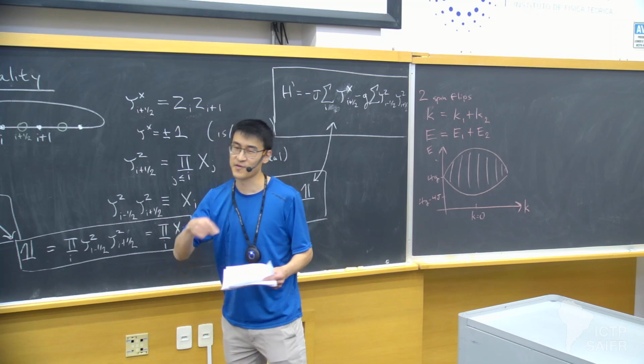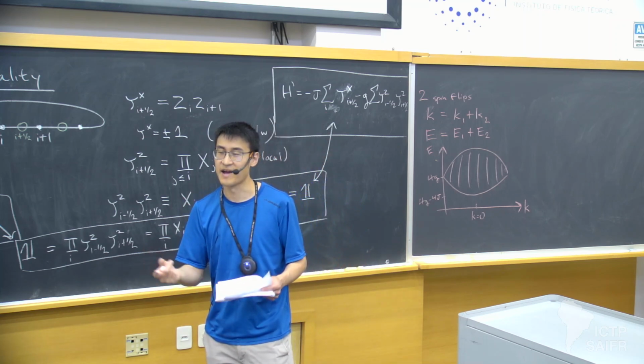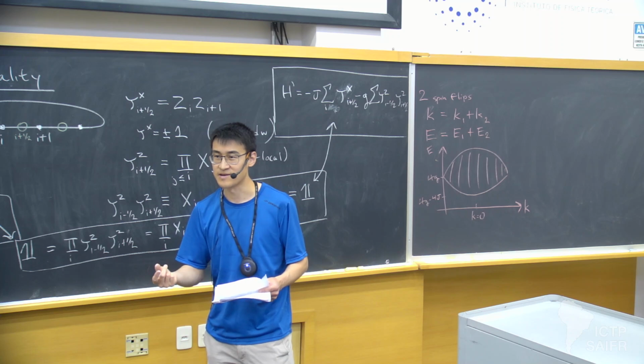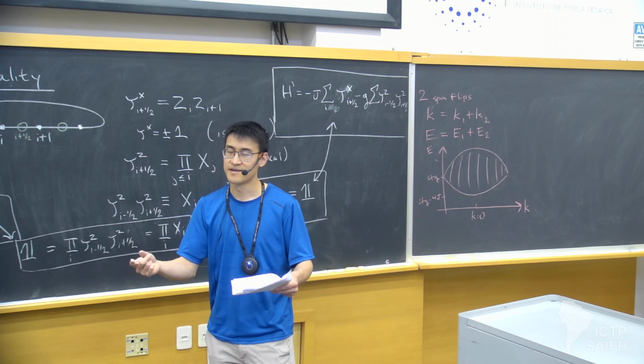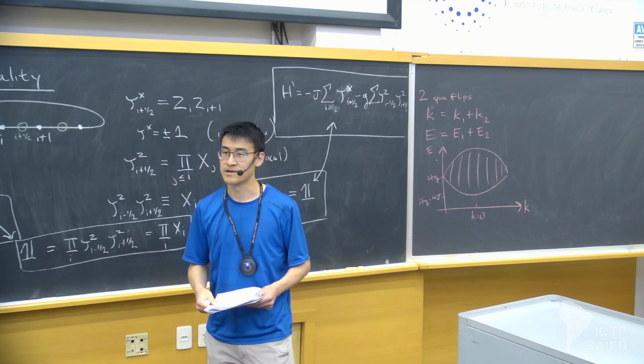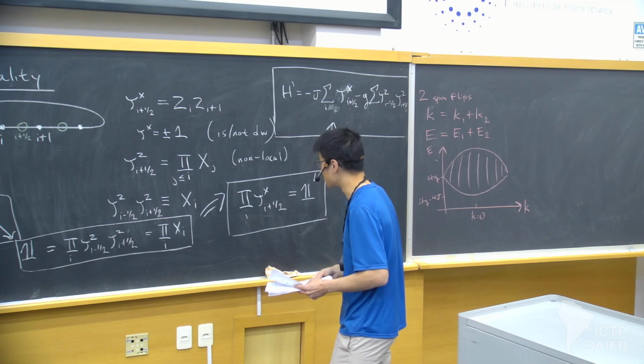Z breaks the Ising symmetry, right? So Z anti-commutes with the product of X symmetry.